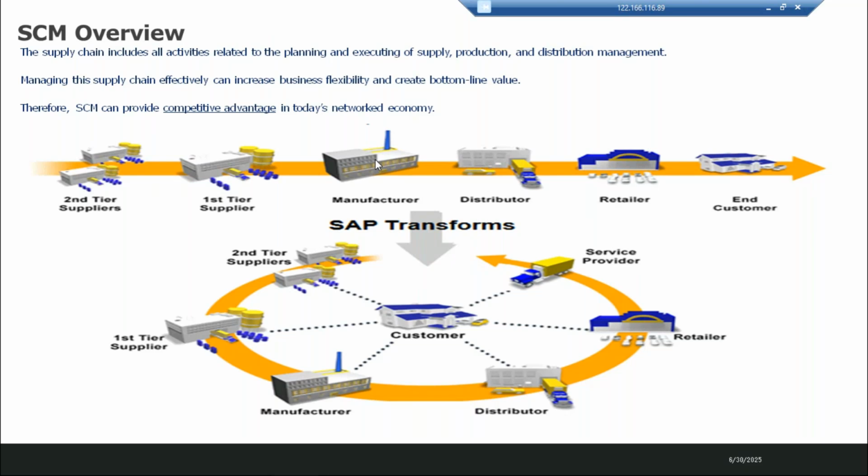Here we need to forecast at each DC level and each customer level how much they are going to sell, and plan how much to manufacture in which plant and when, and how many components to procure, when, and from where, etc.